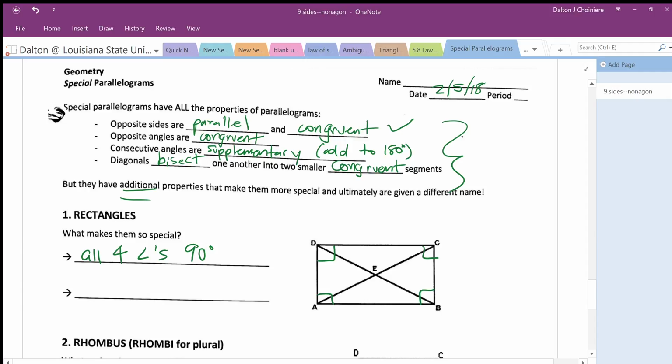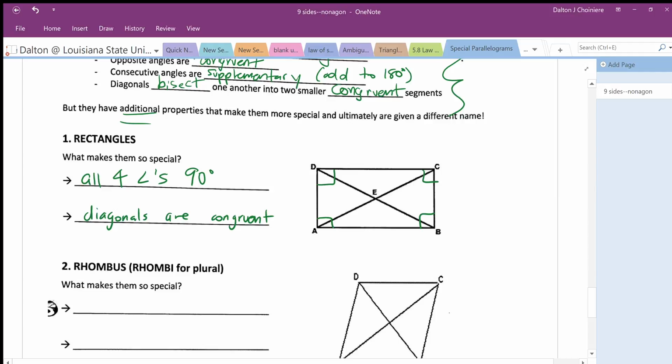Easy, easy. Okay, here's the other thing. The diagonals not only bisect each other, but in a rectangle, the diagonals are congruent. Okay, they are congruent. So here's what that means. Name one of the diagonals for me. DB.